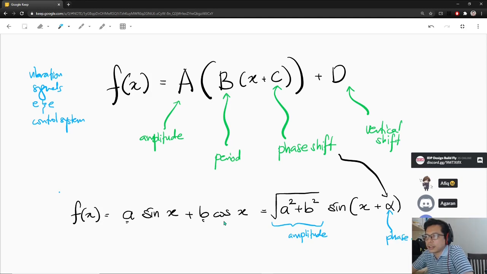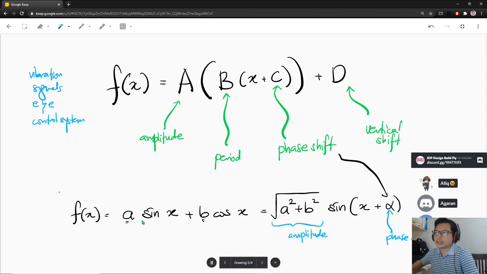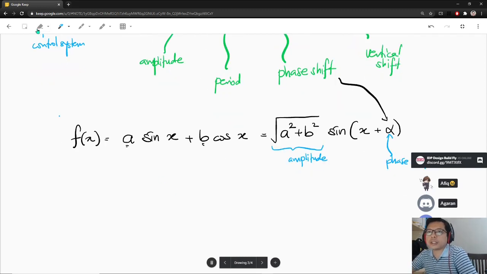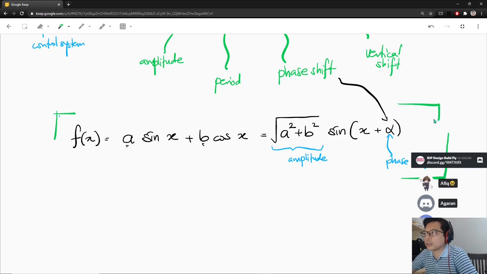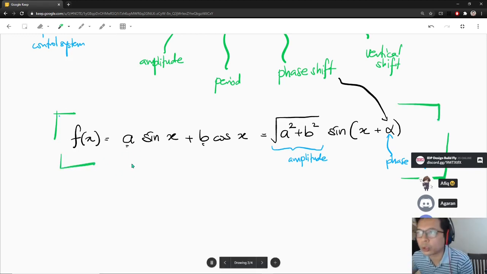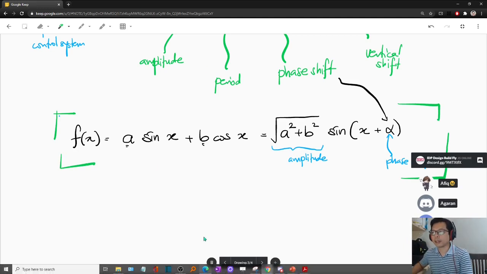So let's keep this in your notes. This is important. You're going to see this a lot when you're doing engineering mathematics 2.